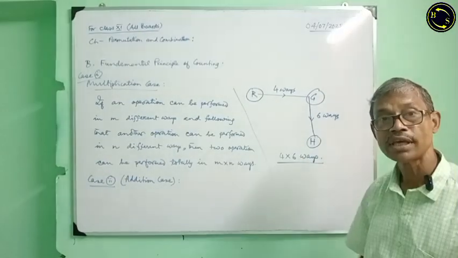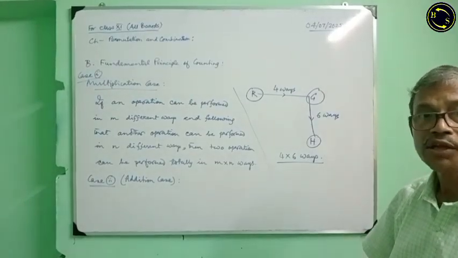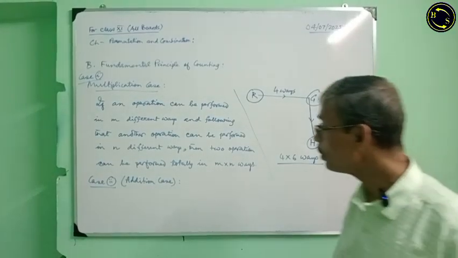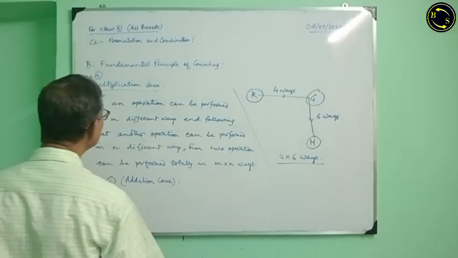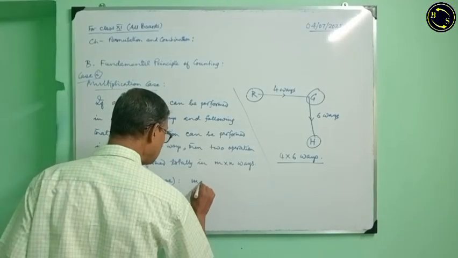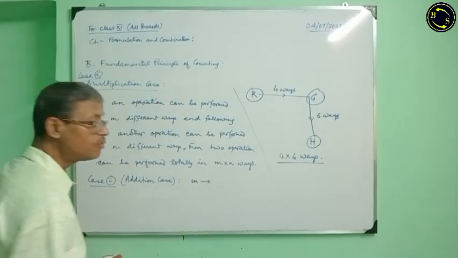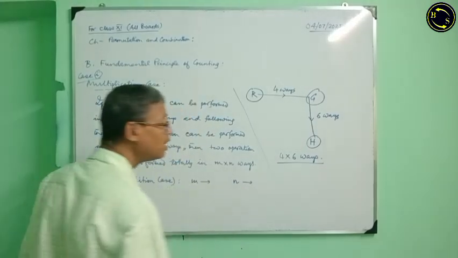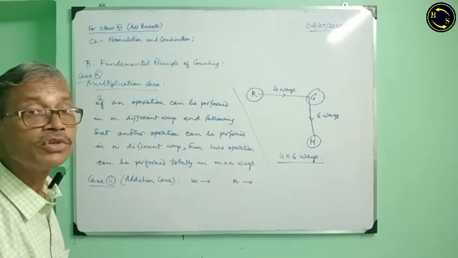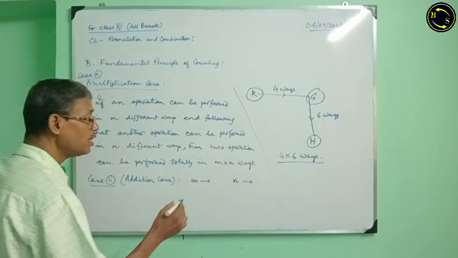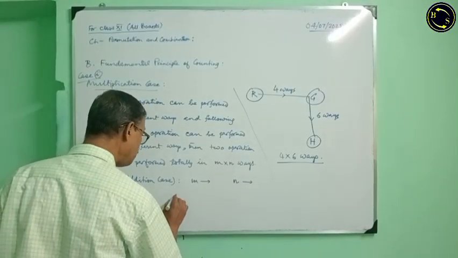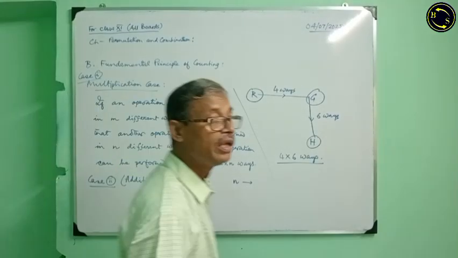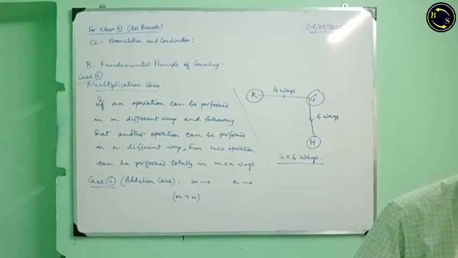But in the addition case, two activities are exclusive. That means one is not dependent on the other. That is why if the first operation can be performed in m ways and the second operation can be performed in n ways, then either will be performed totally in m plus n ways.